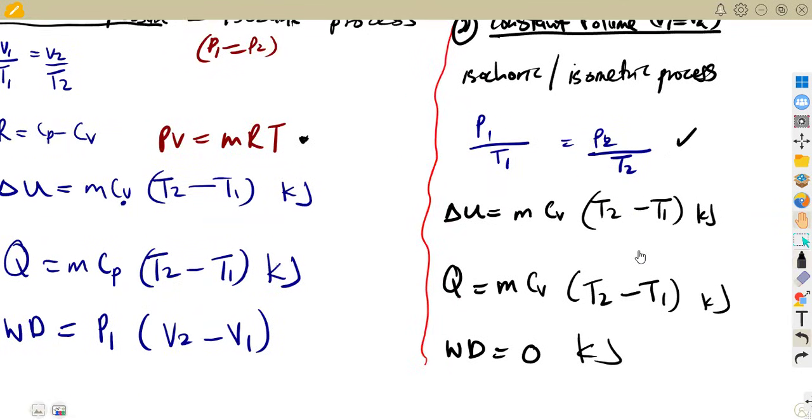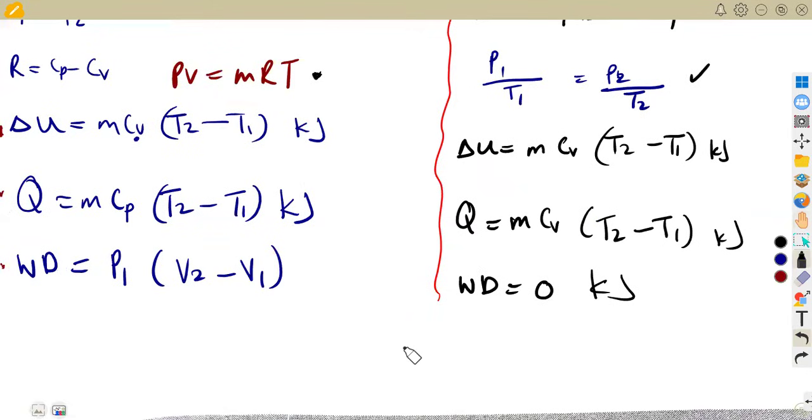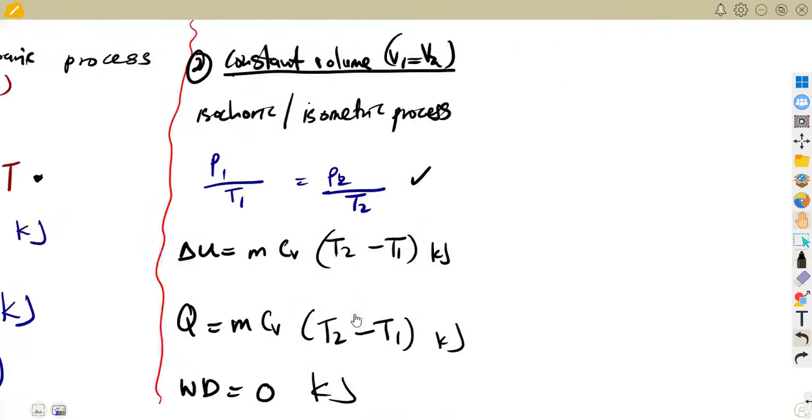Remember, Q is simply equivalent to the work done plus the change in internal energy. All right, so this is what we have.